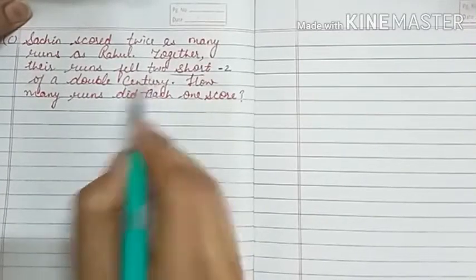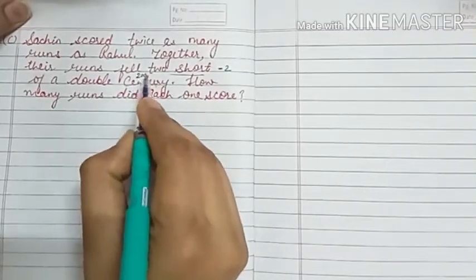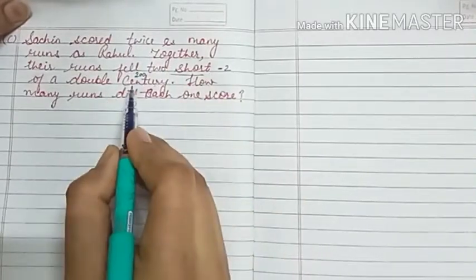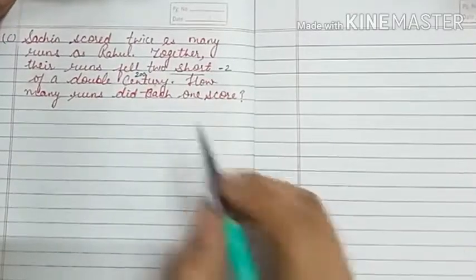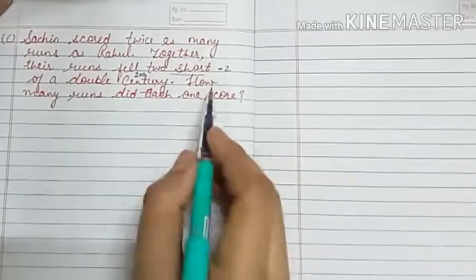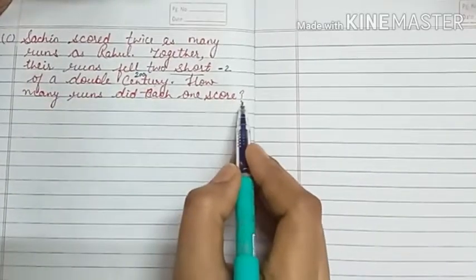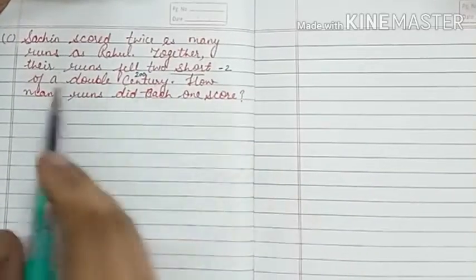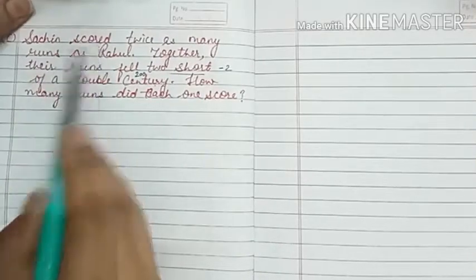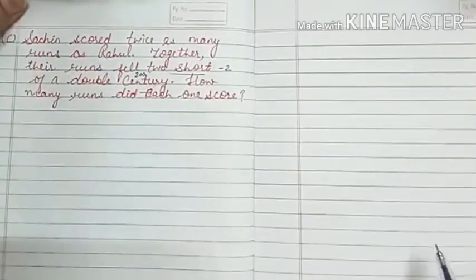Century means 100 and double century means 200. So two short of 200, that means it will be 198. How many runs did each one score? So we have to find how many runs Sachin scored and how many runs Rahul scored.